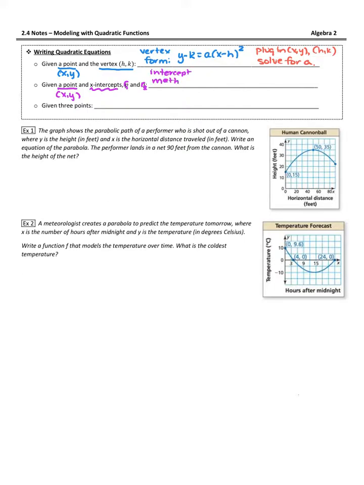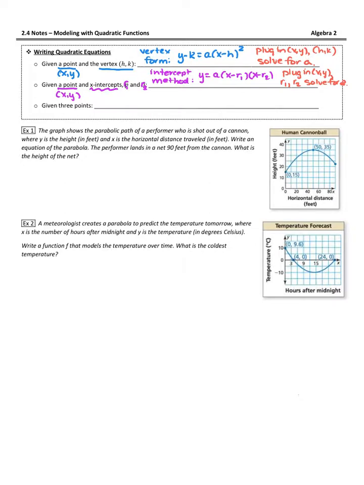Remember this looks like y equals a times (x minus root 1) times (x minus root 2). And the idea again is you're going to plug in your x, y, and your R1 and your R2, and again, solve for a. So there's going to be a common pattern to these.